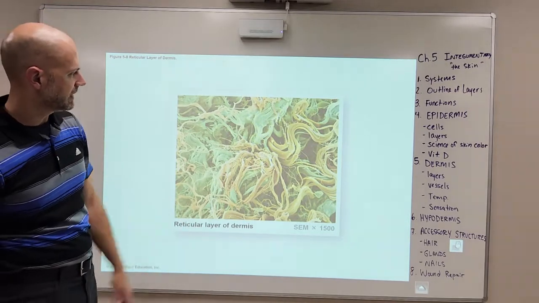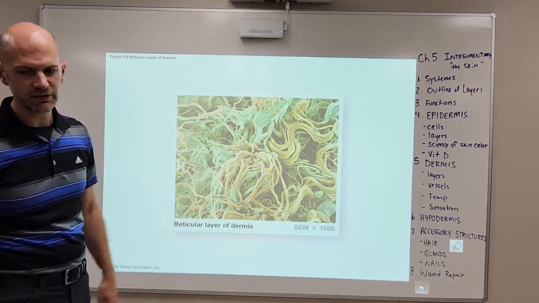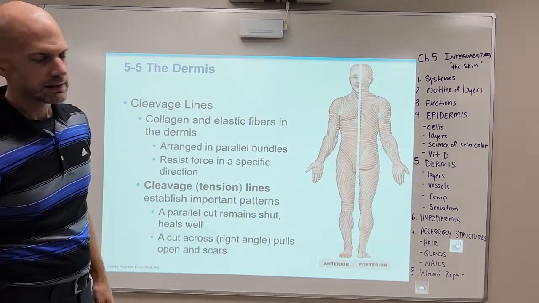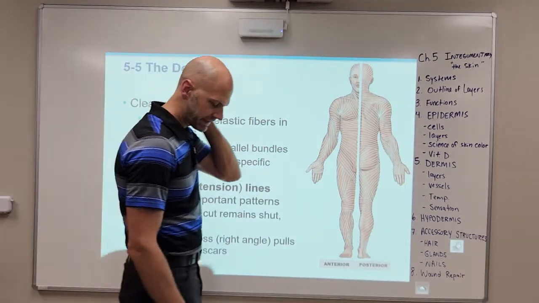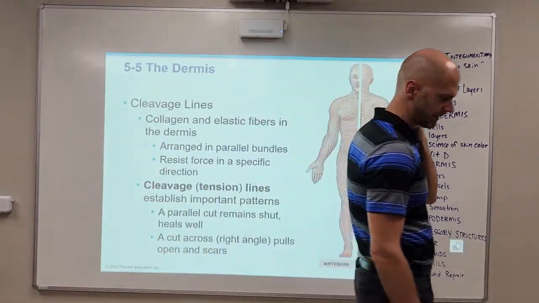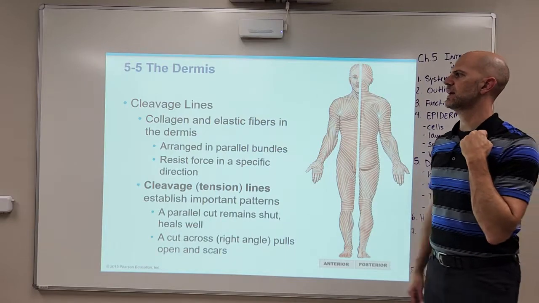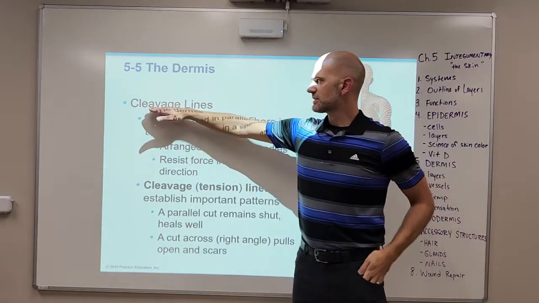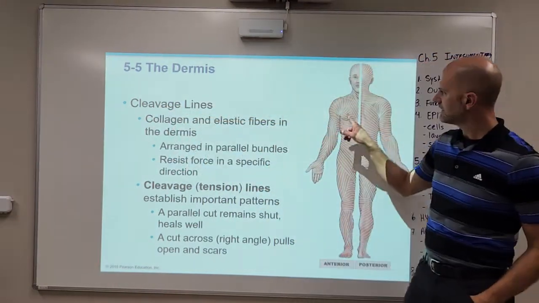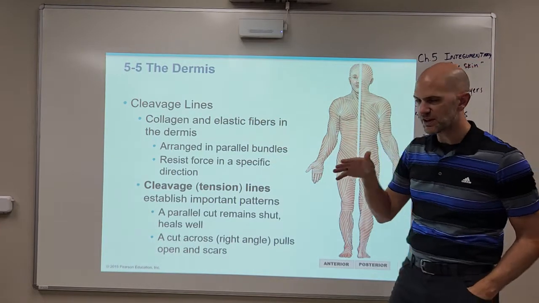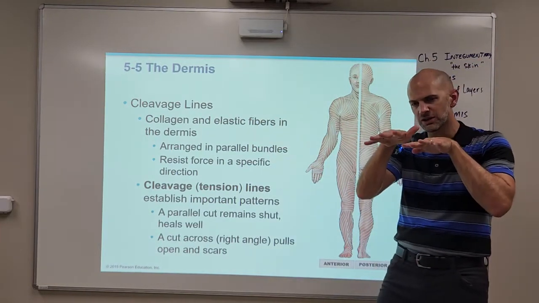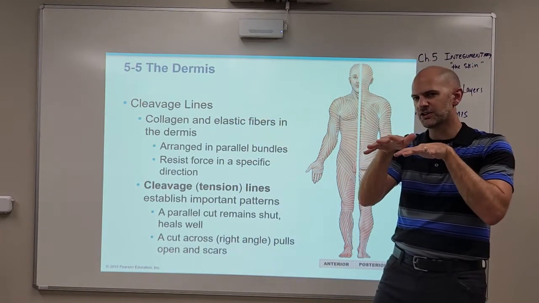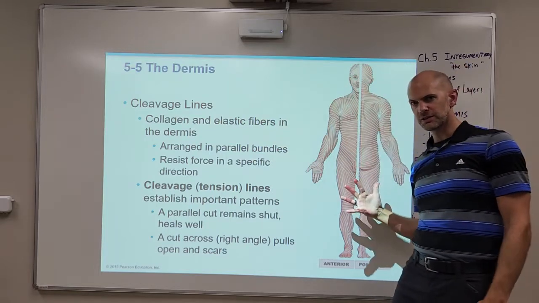Okay, this is what the collagen fibers look like underneath an electron microscope. Another interesting thing to think about is these cleavage lines. Okay, cleavage lines, it's not what you think. It is the arrangement of the bundles of collagen in a parallel fashion across the body surface.